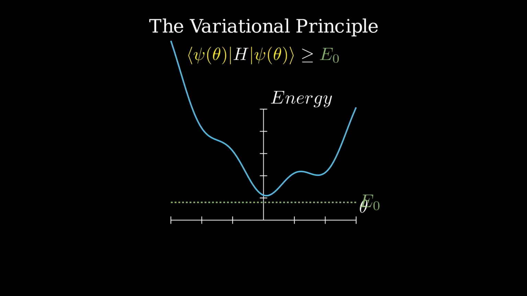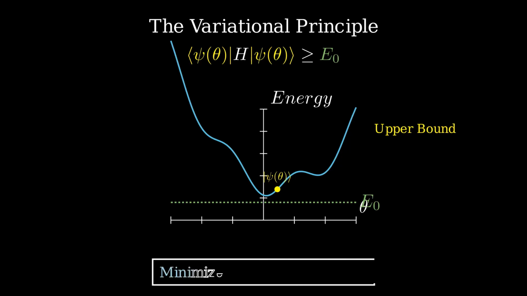This is incredibly powerful. No matter what state we prepare, measuring its energy gives us an upper bound of the ground state energy. The closer our trial state is to the actual ground state, the lower the energy. Remember, we want to maximize the cut value C of z in a max-cut, but quantum systems naturally minimize energy.